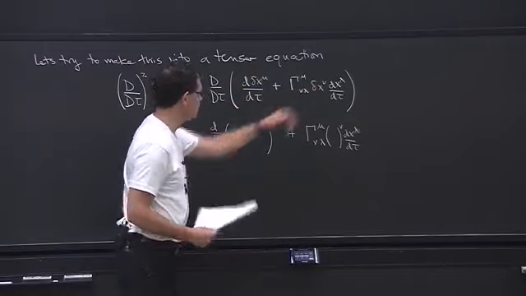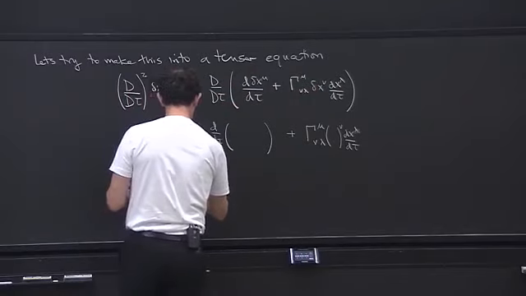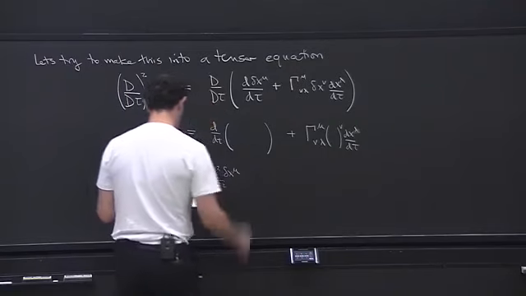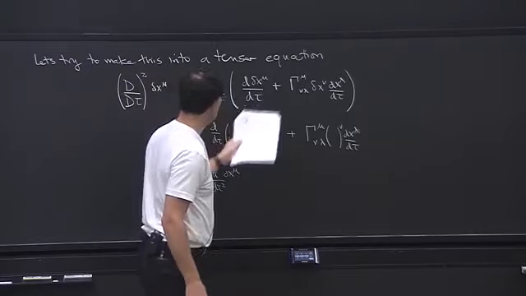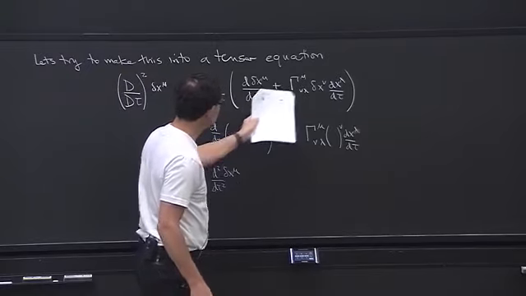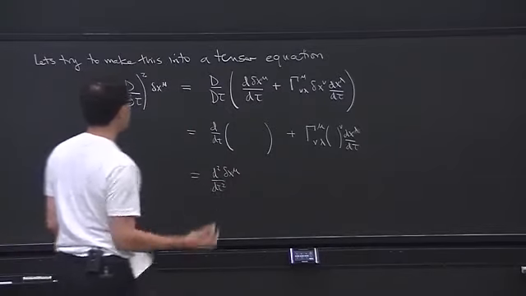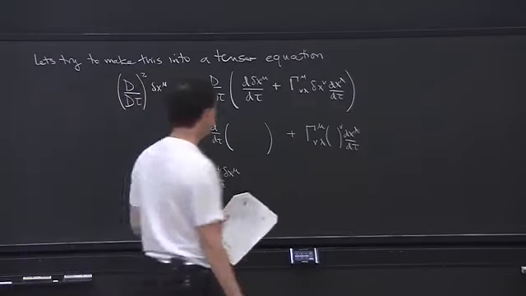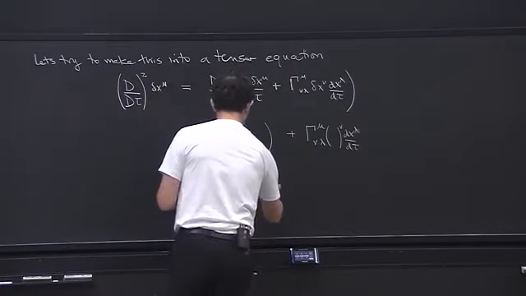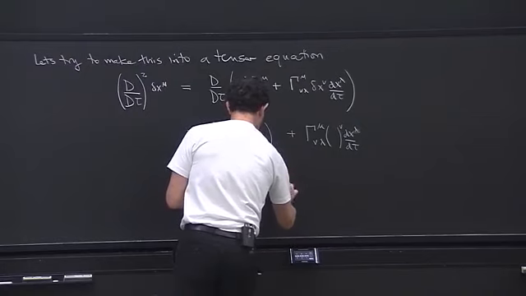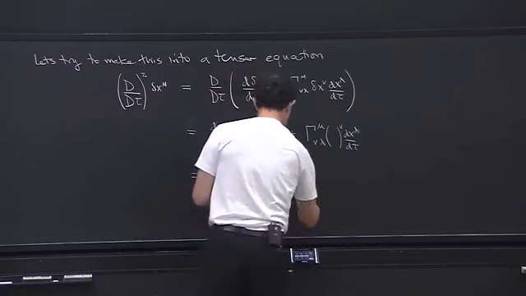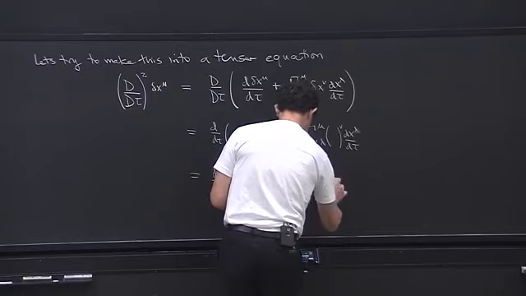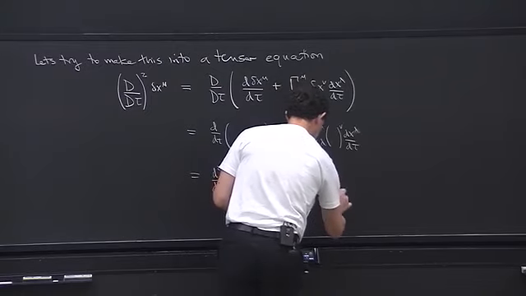So the first term is d by d tau of that stuff, and that gives me d2 by d tau squared delta x mu. Then I've got to take the d by d tau derivative of these terms. Taking the tau derivative of gamma, I differentiate gamma with respect to x, and then I multiply by dx d tau. So I get plus gamma mu nu lambda comma alpha dx alpha d tau, and then we have delta x nu dx lambda d tau.